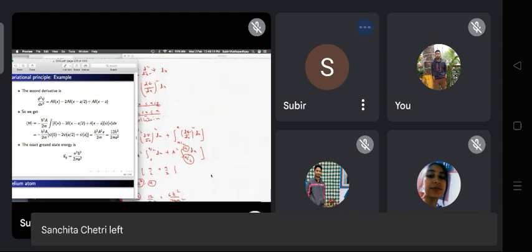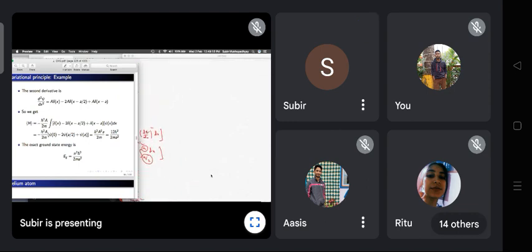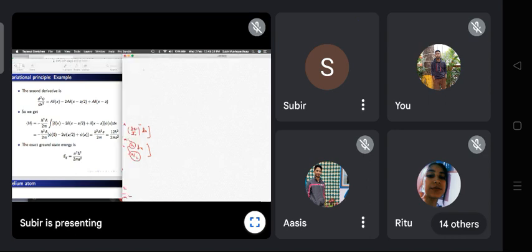So we got 6 h bar square by m square, and the actual ground state energy of the infinite square well potential is pi square h bar square by 2m square.